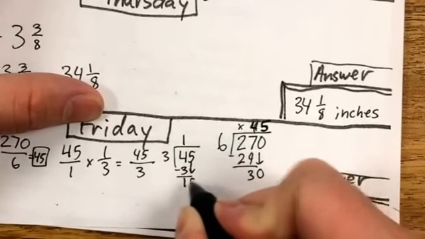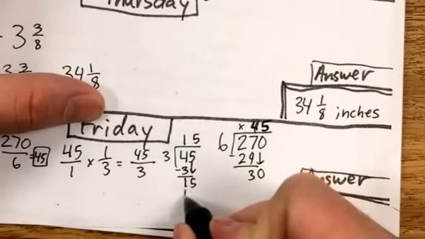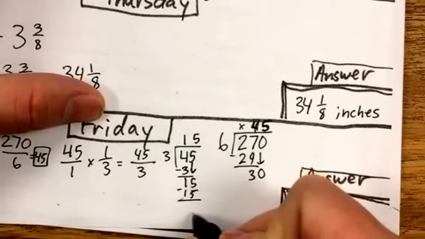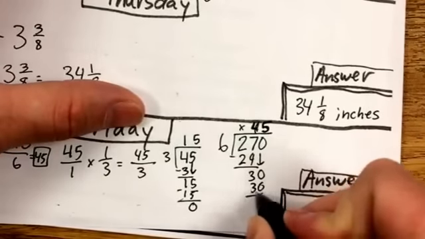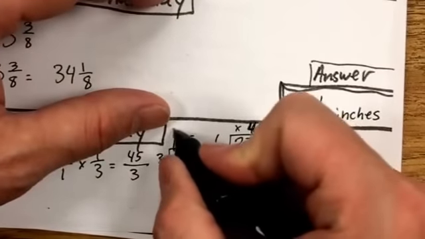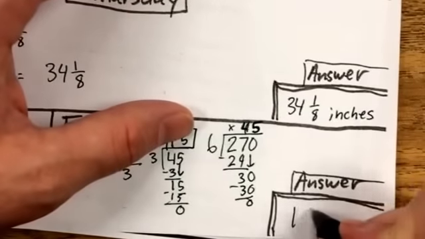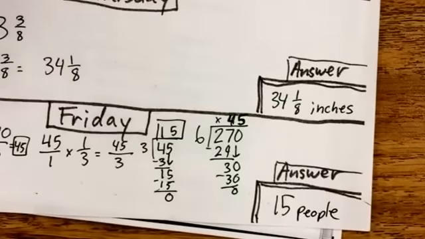Bring down my 5. 3 can go into 15 5 times. 5 times 3 is 15. 15 minus 15 is 0. When you get none, you are done. Same like over here. When you get none, you are done. So my final answer is 15 people. 15 people plan to vote and know who they are going to vote for.